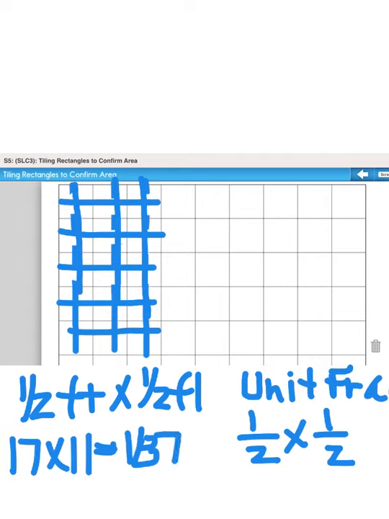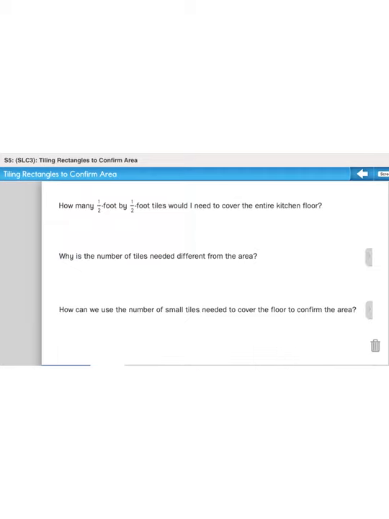Or, since the smaller tiles fit in a unit square 4 times, you could multiply the area in square feet by 4 to find the number of smaller tiles needed. So our answer from before, which was 46 3/4, times 4, also equals 187. So 187 tiles are needed.